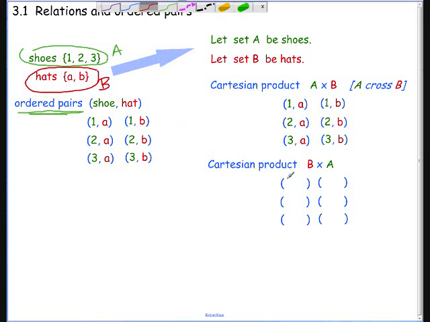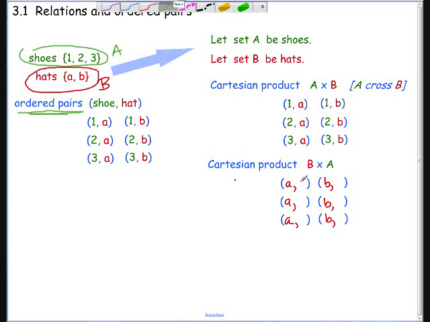Now suppose we were going to write this as B cross A. Then we'd have A, and these are of course the lowercase. This would be the first of each of these pairs in this Cartesian product.